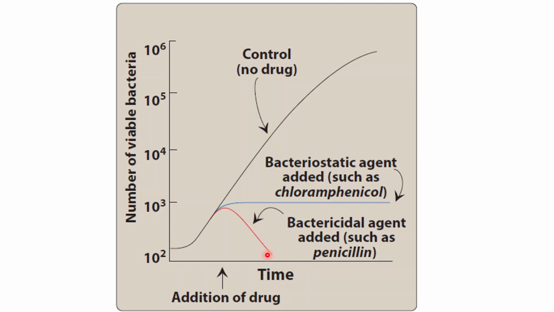And this is a very aggressive action, and bactericidal agents are often drugs of choice in patients with immunocompromised tissue, so in HIV patients and also in the patients that take immunosuppressive agents for the transplantation of the body or after the transplantation.